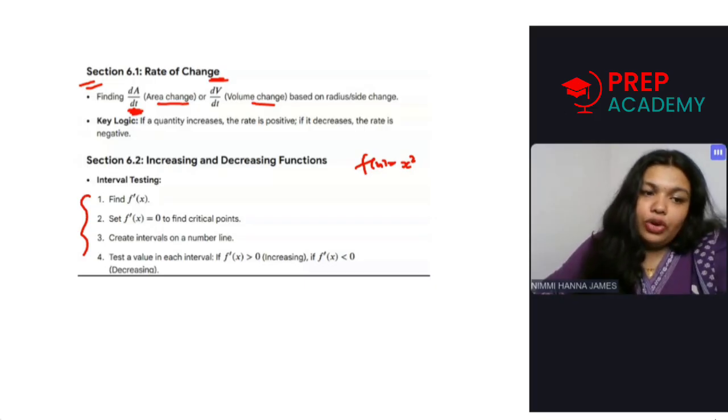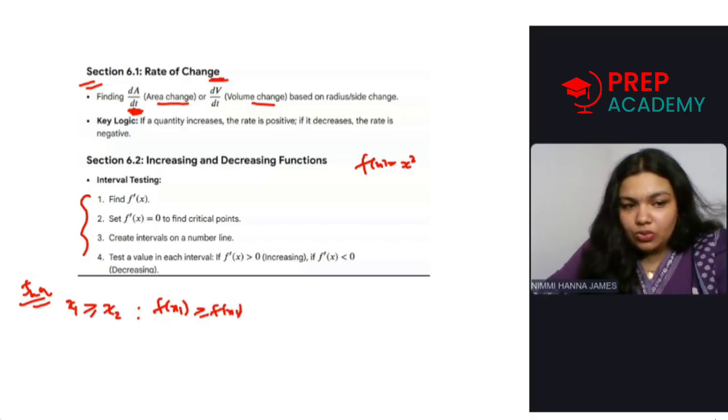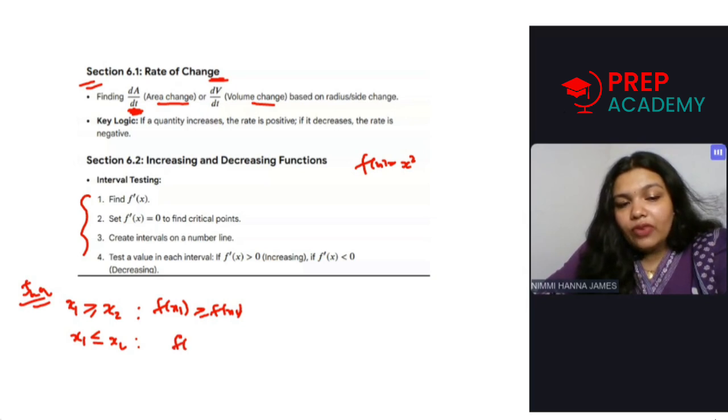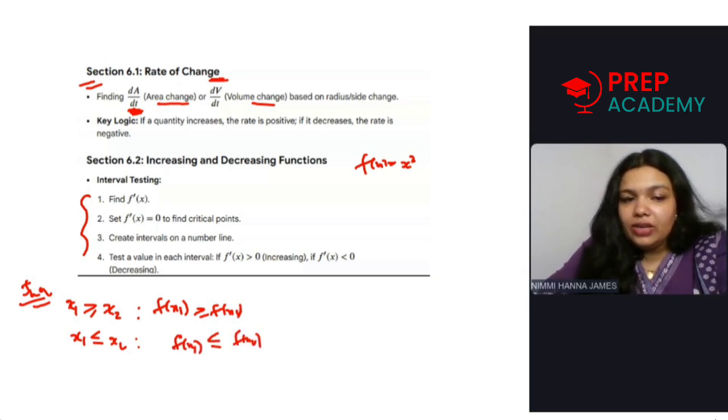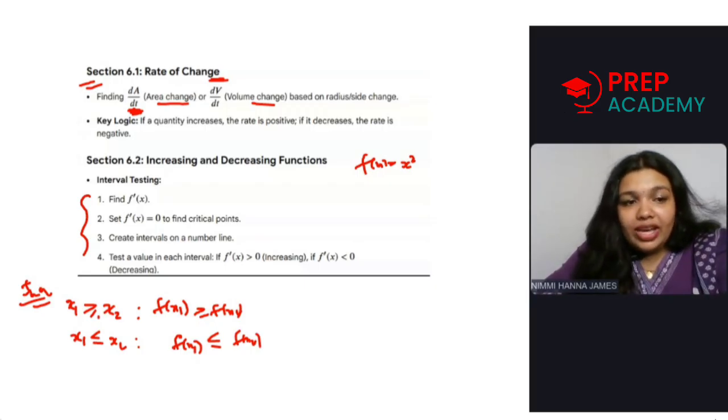For an increasing function, if x1 is greater than or equal to x2, then f of x1 is also greater than or equal to f of x2, and if x1 is less than or equal to x2, f of x1 is also less than or equal to f of x2. It just follows the pattern. If the value is greater, the function is also greater. If the value is lesser, the function is also lesser. A decreasing function does the opposite.